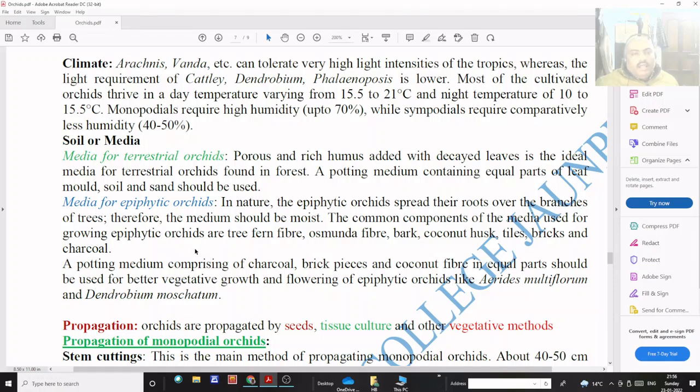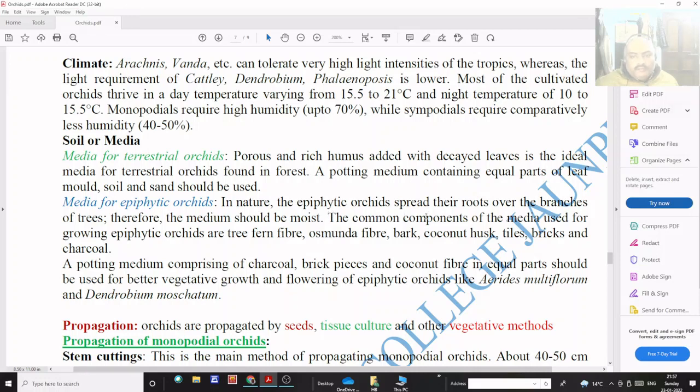But as far as epiphytic orchids are concerned, we have to manage their media in a very specific way so as to provide a conducive rhizosphere for their growth and development.